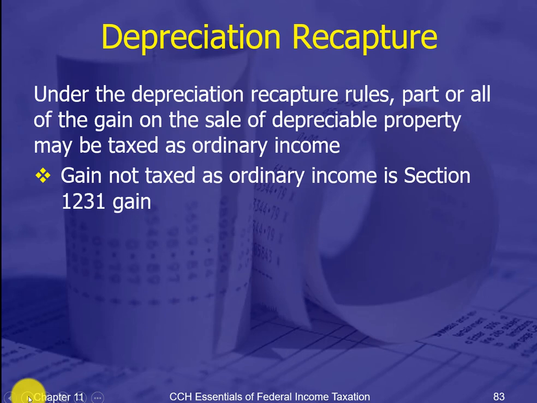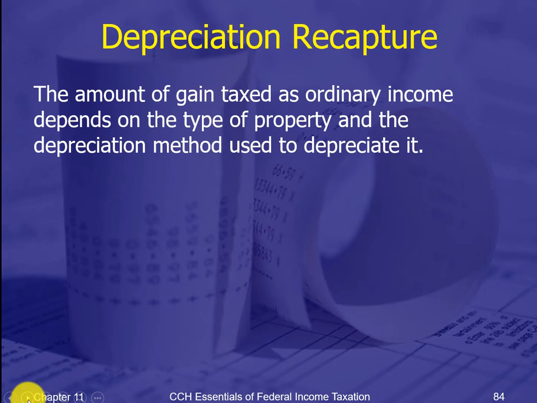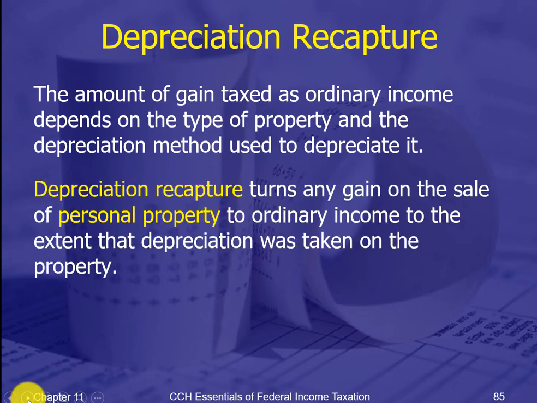Some of it is going to be ordinary income under the depreciation recapture rules, which override the Section 1231 rules. If it doesn't apply, then it's still Section 1231 gain or capital gain. Okay? And what you're looking at is how much depreciation you've taken on the property. Personal property we'll look at first.